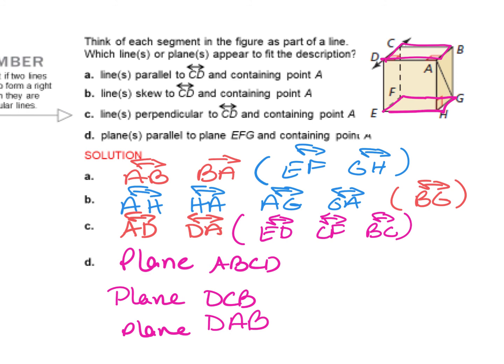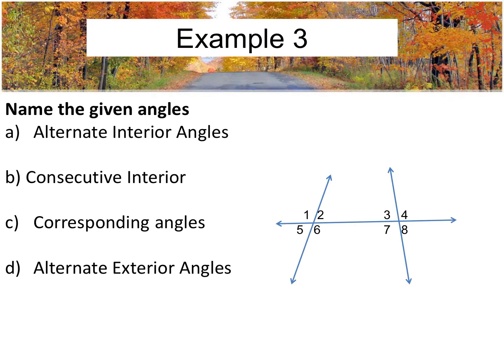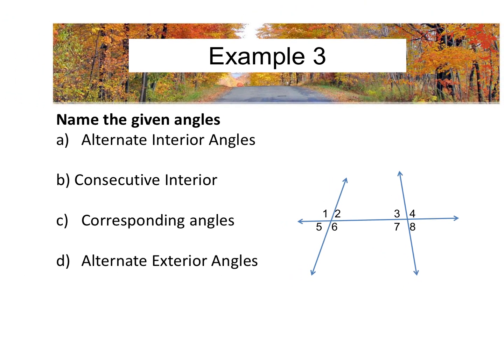And then one last example. Pretty good here? All right. It wants us to name the given angles. So alternate interior. If it helps you to highlight the inside part, you can. You don't have to. And then your exterior part, or your outside.